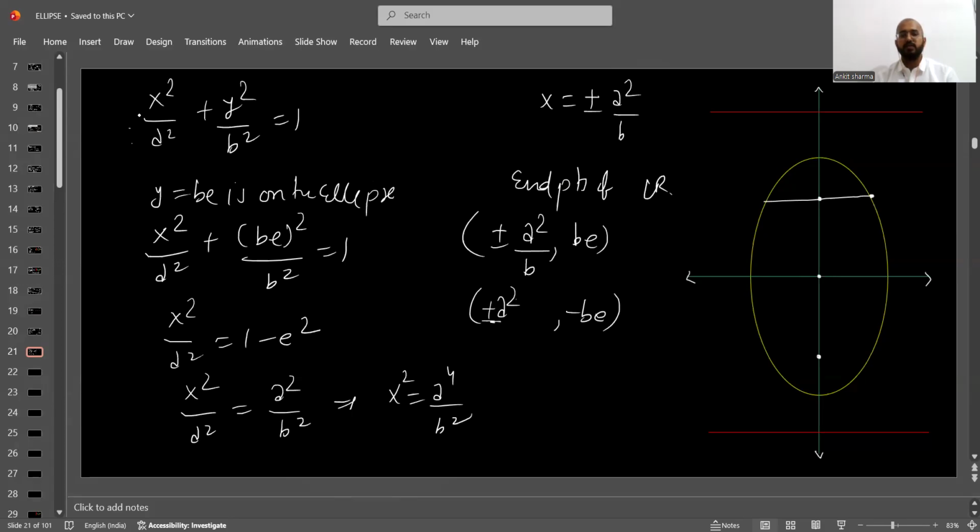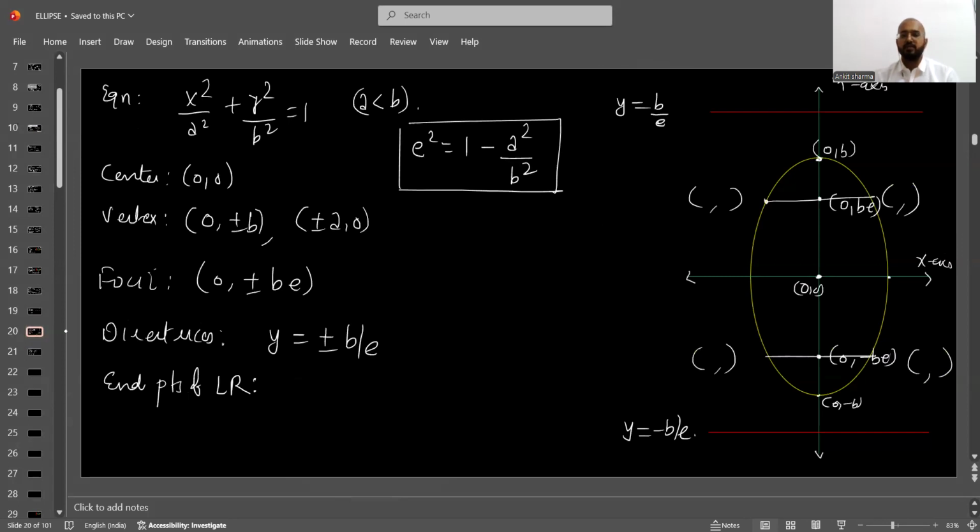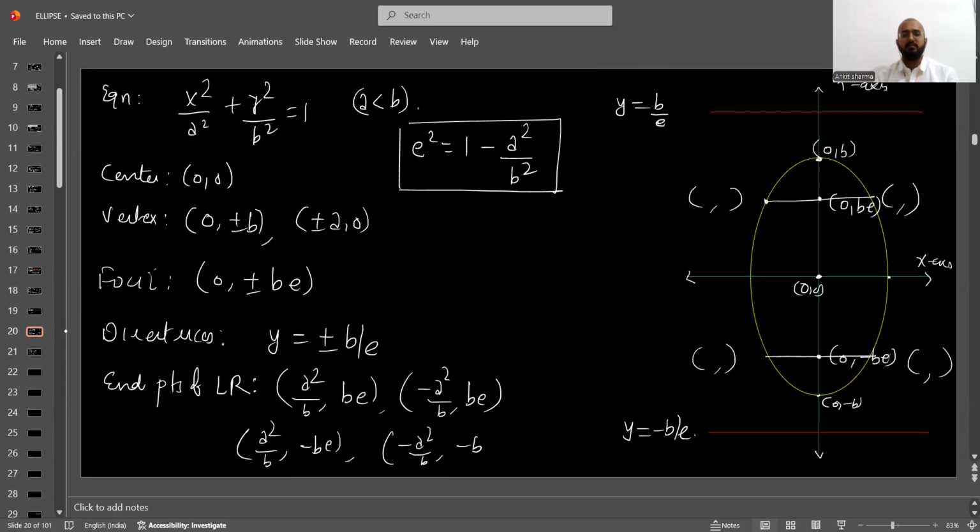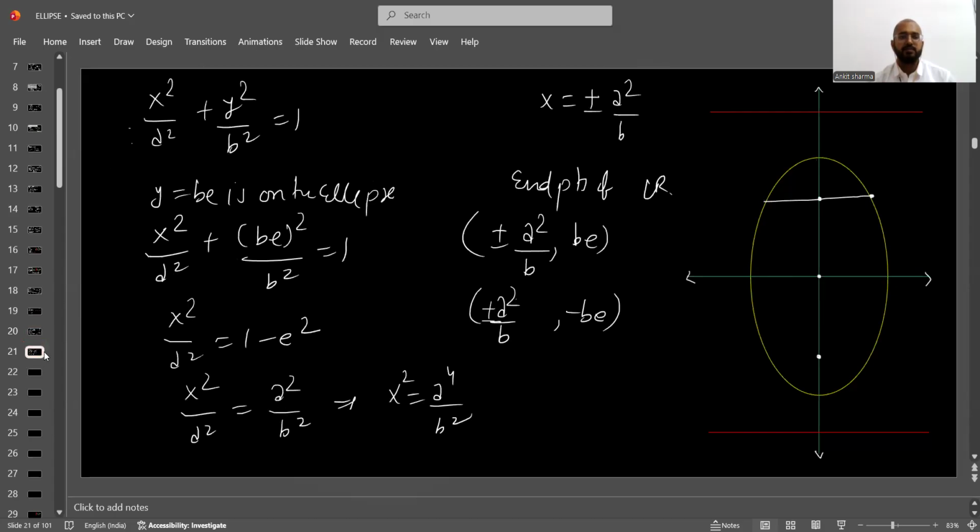So plus or minus a square over b. So we get our endpoints of latus rectum. So this point is a square over b, comma, be, and minus a square over b, comma, be. And also for this one, we get a square over b, comma, minus be, and minus a square over b, comma, minus be.